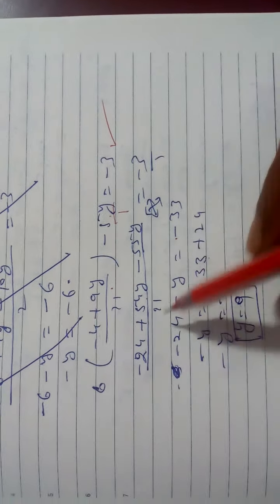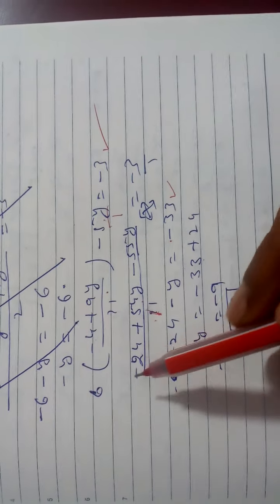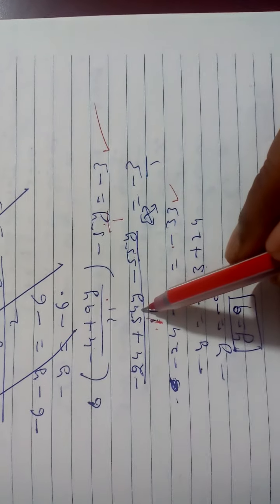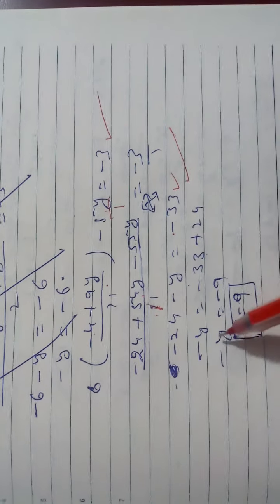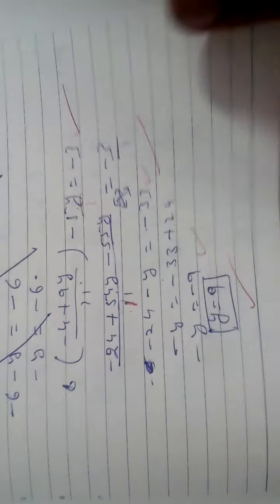Then cross multiply, 11 into 3 is 33. Here 24 minus y, 55 minus 54 minus y is equal to this. So minus y is minus 9, then y is 9.